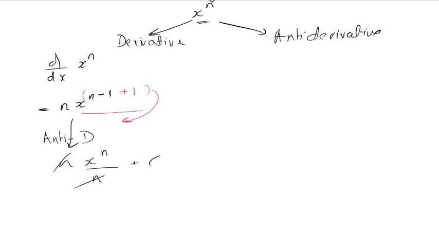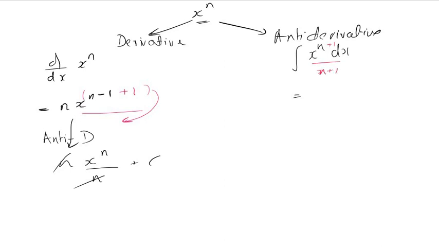Now let's take this and get the antiderivative. The antiderivative is the integral. So integral of x to the power n dx. What's the antiderivative? We add 1 to the power and divide by that, x to the power n plus 1.